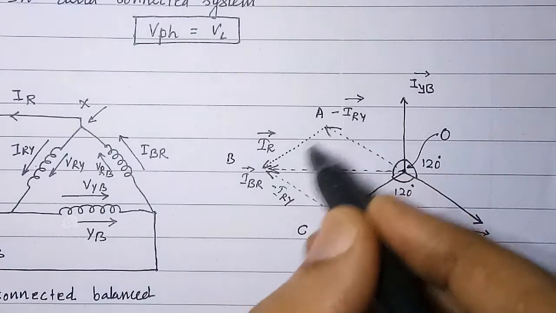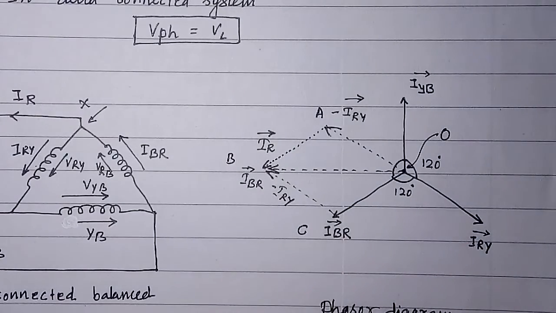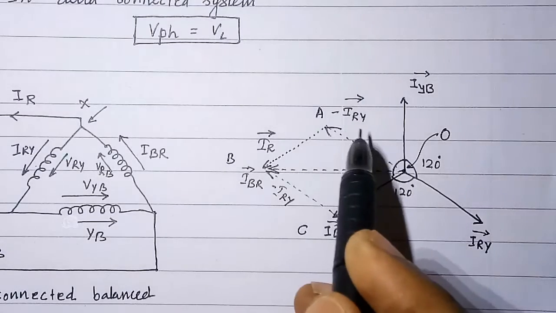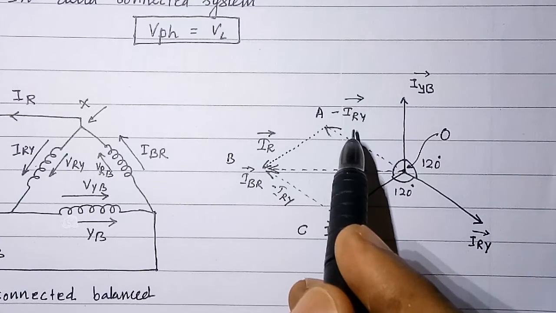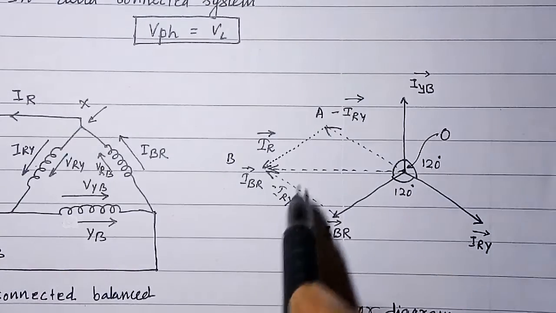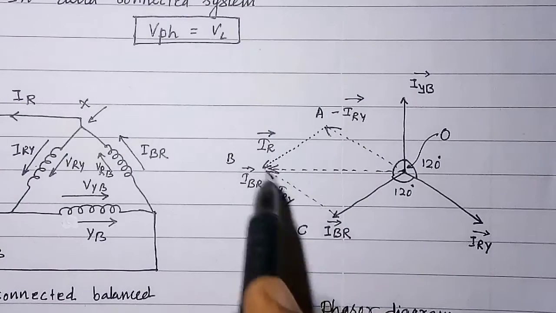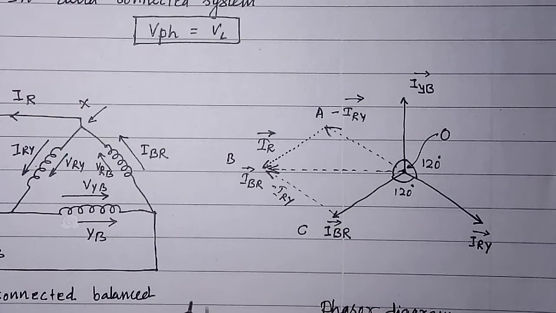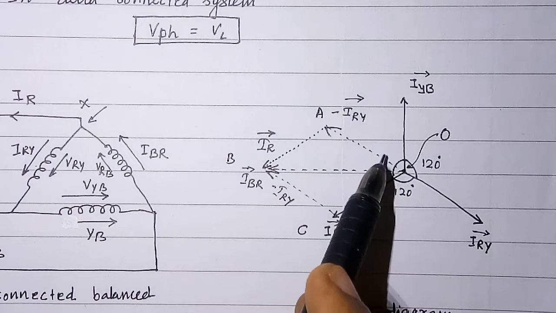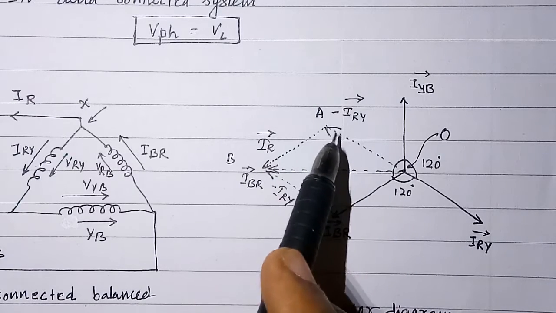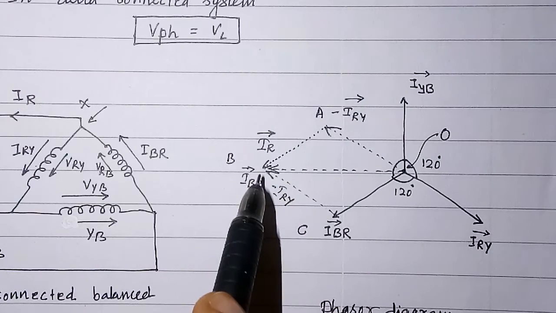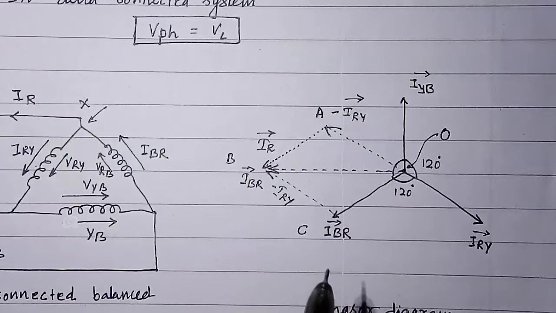In this parallelogram OABC, we are having OA equal to AB equal to BC, because we have written in the beginning IRY equal to IBR equal to IYB, that is all phase currents are equal.